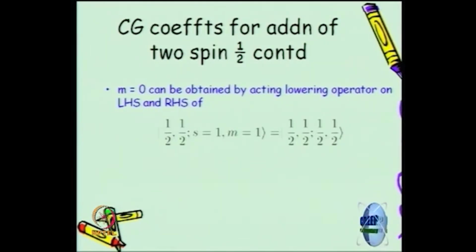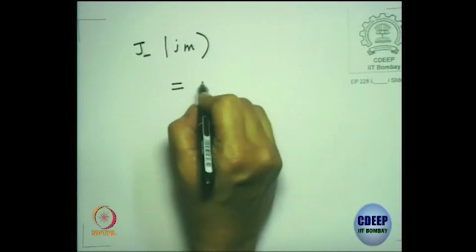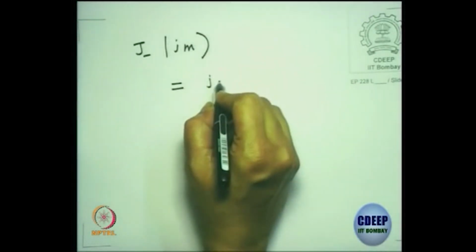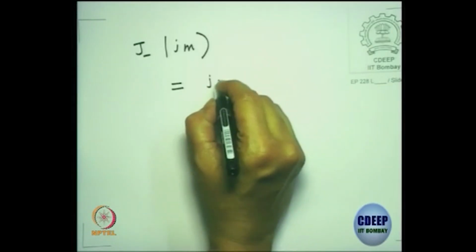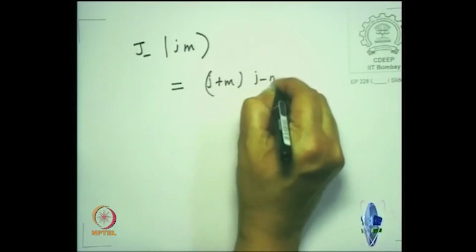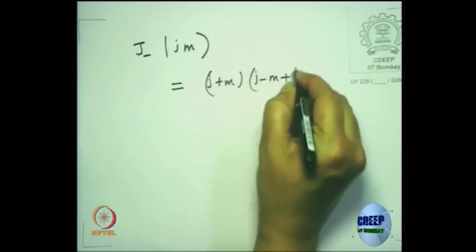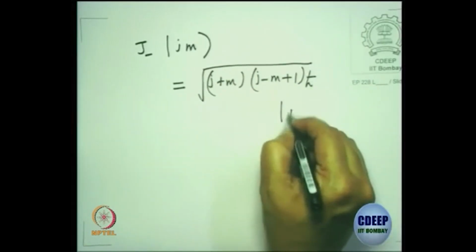Can you try it? The left hand side is similar to any SM, the lowering operator. I am going to suppress the J1 and J2. I am writing only the coupled state, which is J, M. Tell me, this will be J plus M into J minus M plus 1. Is that right? Am I right or wrong?